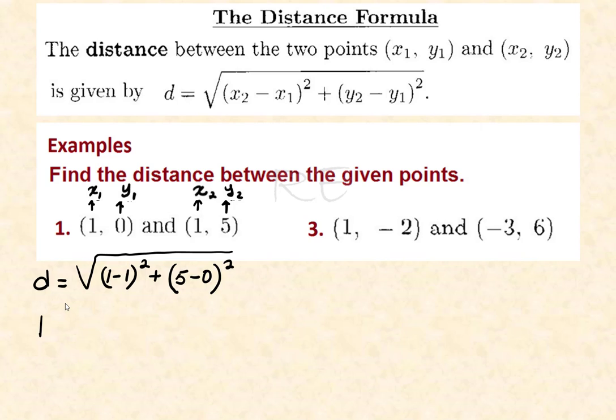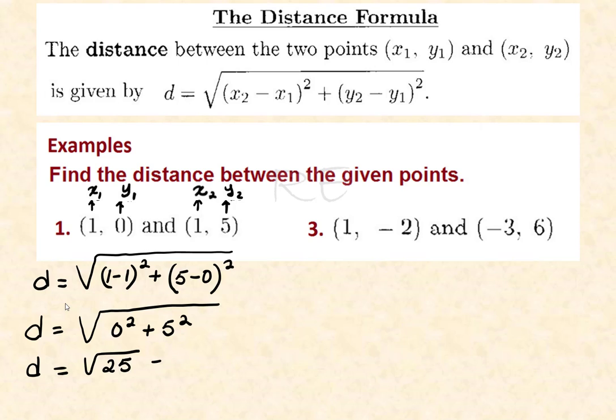So that distance is equal to the square root of 0 squared plus 5 squared. D is equal to the square root of 25, which is 5. Notice that the x coordinates are the same, therefore it's a vertical line, and 5 minus 0 is 5. The distance is 5.